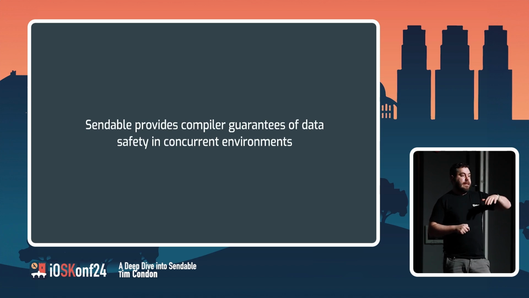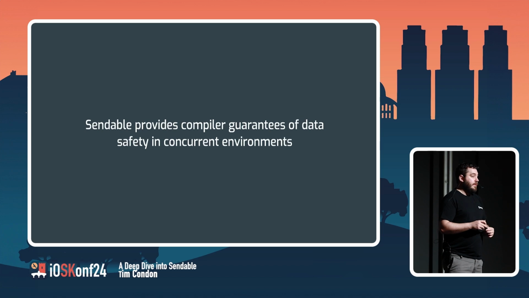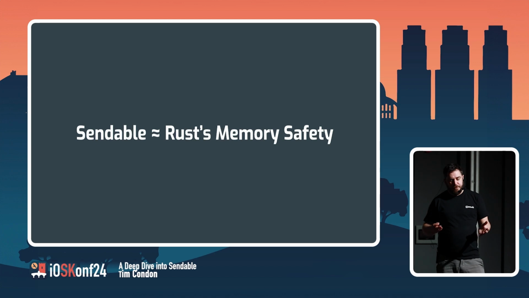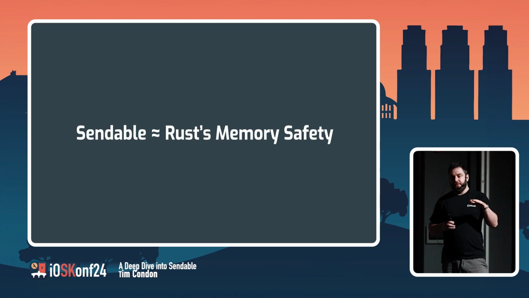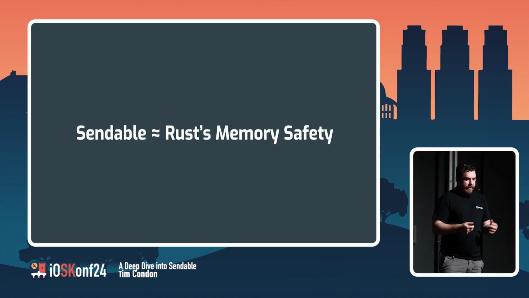And this basically means that the compiler will be able to go through your code and tell you when you're doing something that's safe and allow it to pass, or warn you or throw errors when you're doing something that isn't safe. And it's kind of similar to Rust memory safety, in that it's not similar at all, but it has the same goals. So both Rust and Swift have the same goals of writing memory-safe code. They go about it in very different ways, but it's the same ethos behind the design.